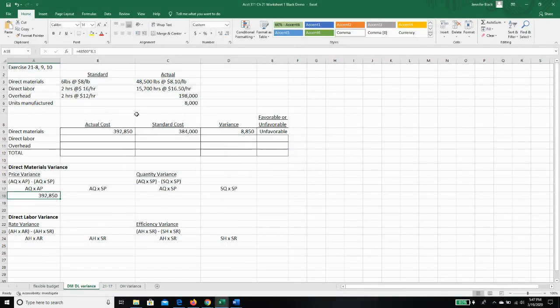Our actual quantity is still 48,500, but our standard price is $8 a pound. So our price variance is the number on the left minus the number on the right.